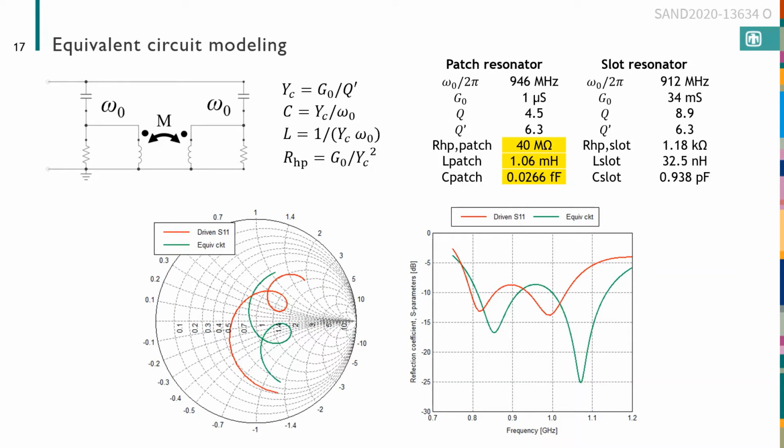And that just makes the circuit model extremely sensitive. But again, the log magnitude response overlaps well, and you get these W shapes that are really characteristic of these multi-mode patches.